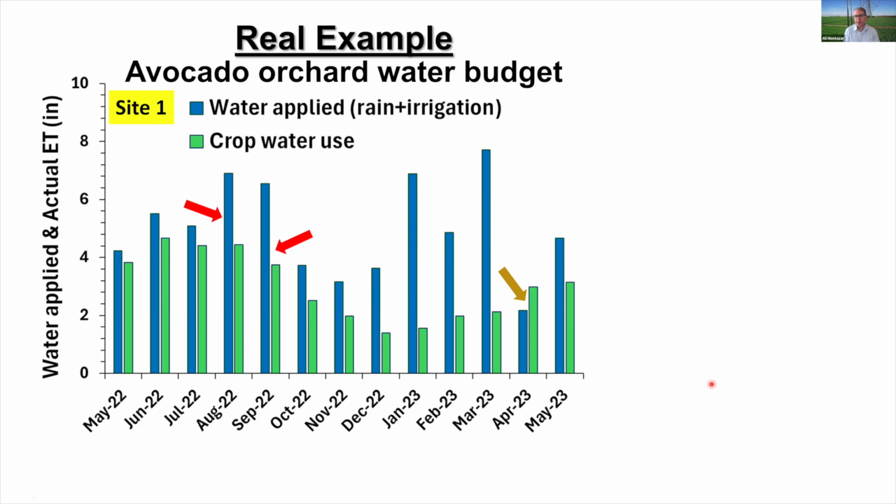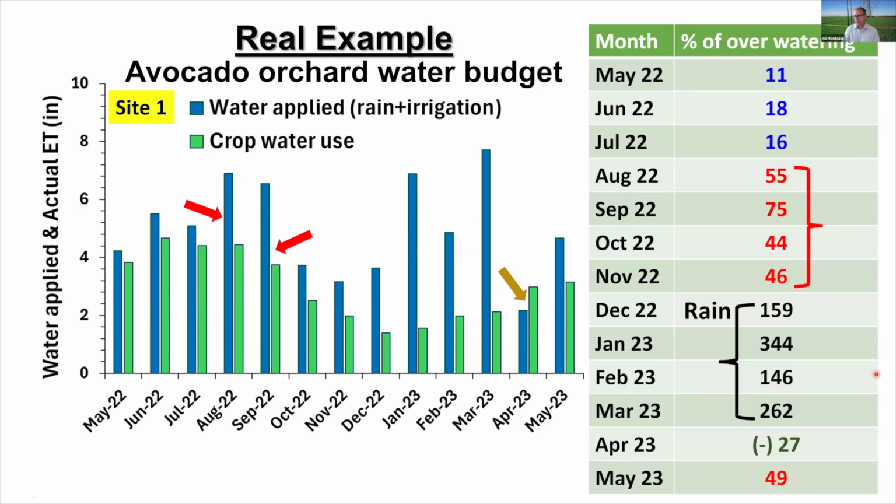It includes rain plus irrigation. And the green bars show the crop water use, what we measure. So you see a lot of differences. Most of the time, the water applied is higher than crop water use, except 1 month. In April 2023, we see lower water applied than crop water use.